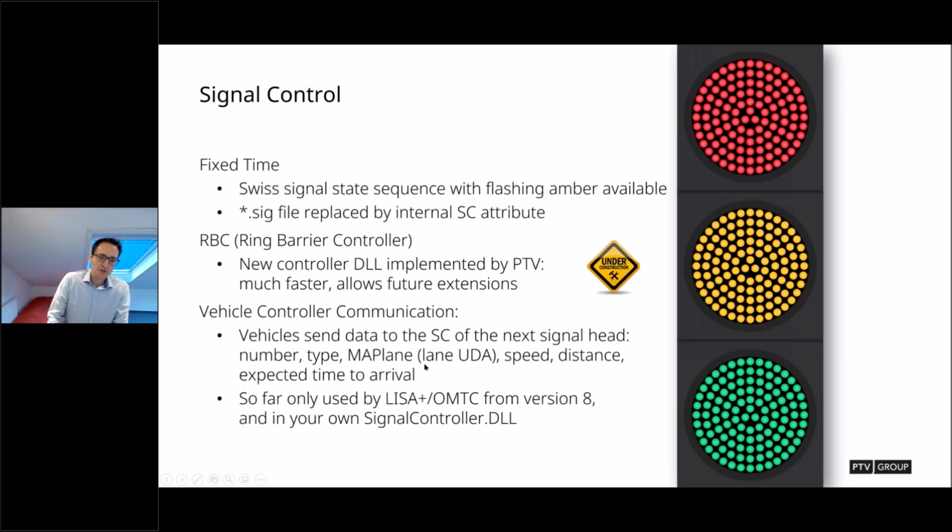And if you have this user-defined attribute, the vehicles send their vehicle number, vehicle type, speed, the distance, and the expected time of arrival at the signal head to the signal controller, and the signal controller can then make use of it. So far, this is only used by Lisa Plus from version 8. And of course, in your own signal controller DLL, it's included in the interface. So if you program your own or have your own, you can directly make use of that.